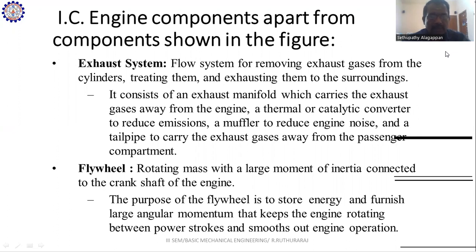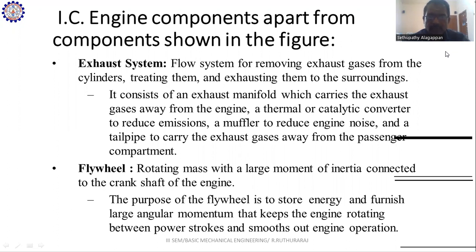So first of all, the exhaust system. The exhaust system means, after burning the air-fuel mixture, how the burned gas is pushed outside from the engine chamber. It is the flow system for removing exhaust gases from the cylinders, treating them and exhausting them to the surroundings.